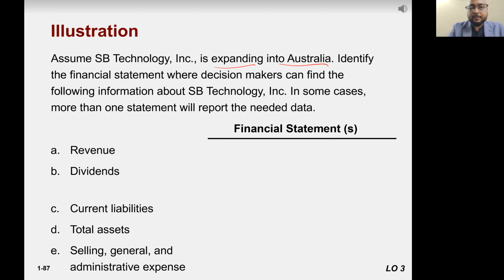Identify the financial statement where decision makers can find the following information about SB Technologies Incorporation. In some cases, more than one statement will report the needed data. So anyone, please turn on your mic and start answering.